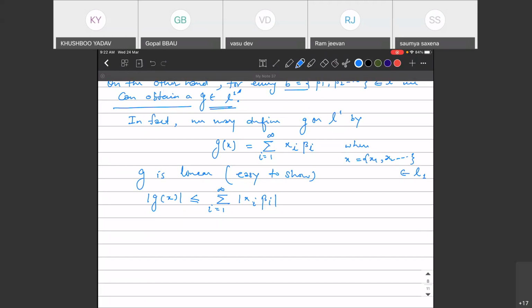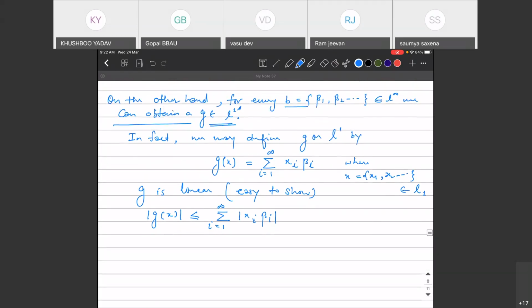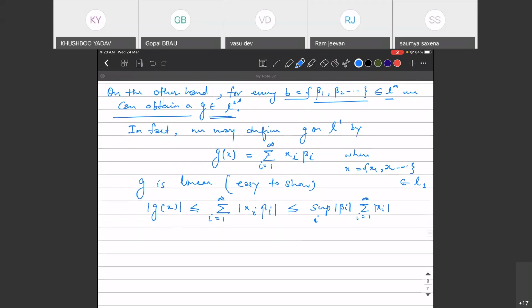Okay, so far it's okay. So if we use the subnorm on b, since this b belongs to L infinity, what we get is this is less than or equal to sup_i mod b_i, this is the subnorm of b, times summation i runs from 1 to infinity mod x_i.